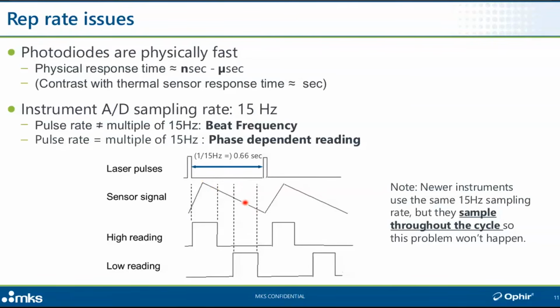So the power reading that I'm going to get is going to be dependent on the phase of my A to D sampling. That's no good. Okay, so that's another potential problem. As I said, more modern instruments usually use a more sophisticated kind of A to D, but some older instruments, and older, I don't mean 2,000 years ago, I mean some instruments that, not that many years ago, have this limitation.